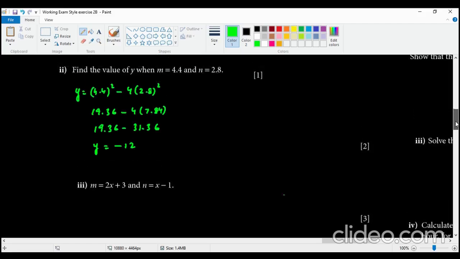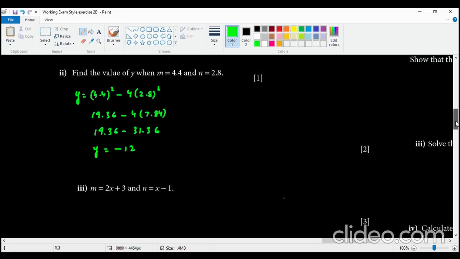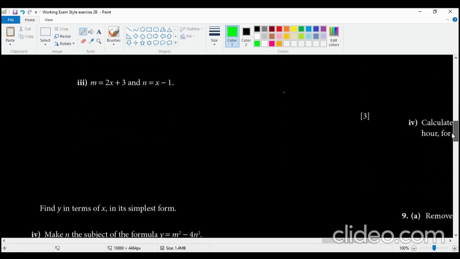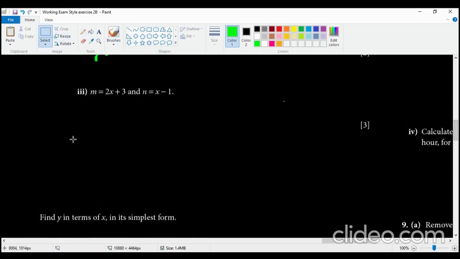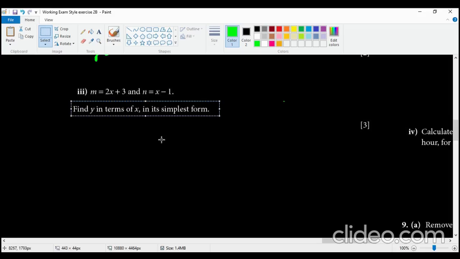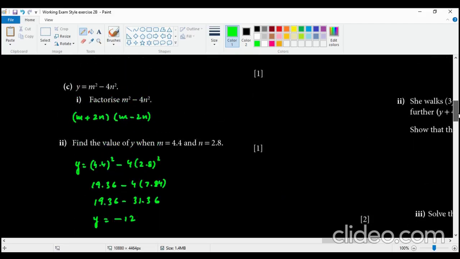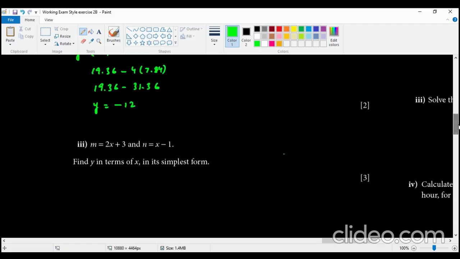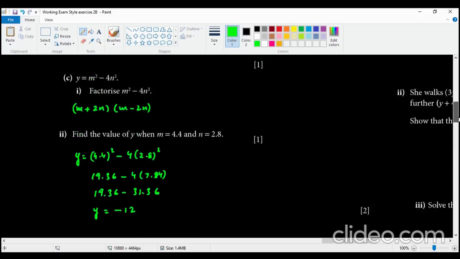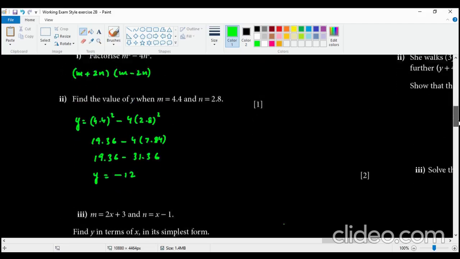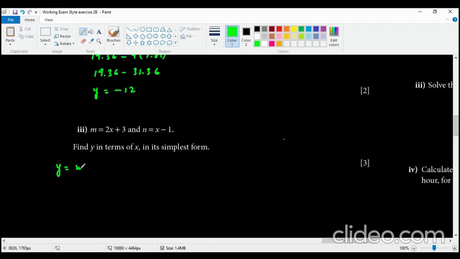Now it says m equals 2x plus 3 and n equals x minus 1. So we have to find y in terms of x in its simplest form. The formula we have is y equals m square minus 4n square.